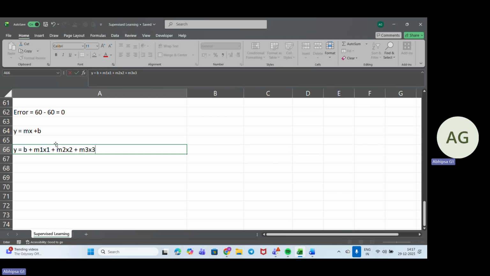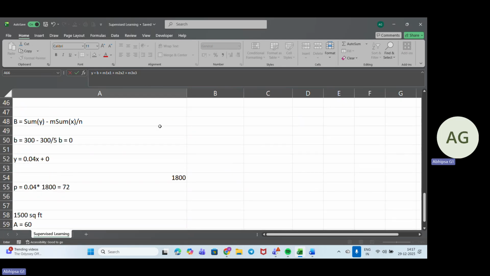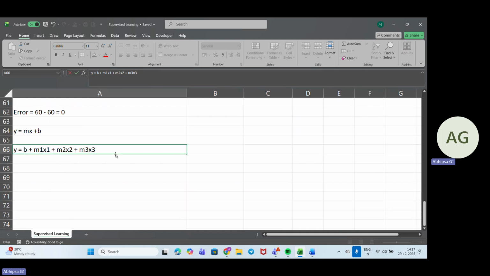Okay. So it is the same process, the same everything, but here we are getting more than one independent variable against one single dependent variable. So next time, the house price would be predicted likewise.